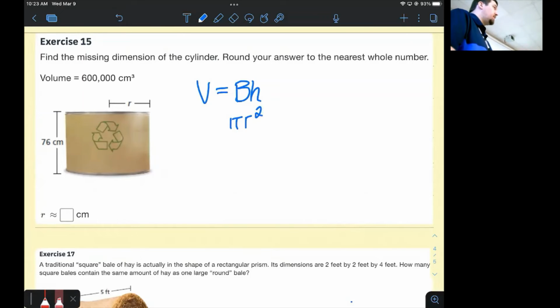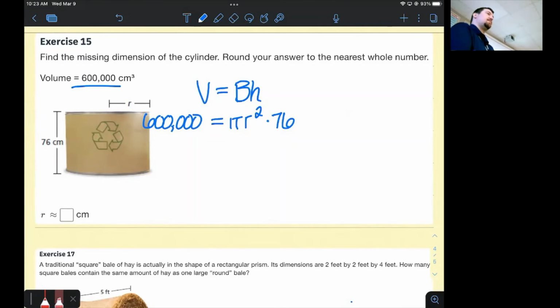I do have something this time to plug in for h though. How tall is the cylinder? 76. Of course, I also have something I can plug in for volume. It says 600,000 cubic centimeters. No pi symbol, just 600,000. So there's my equation.